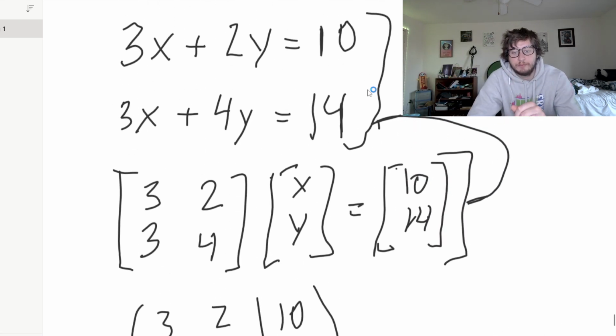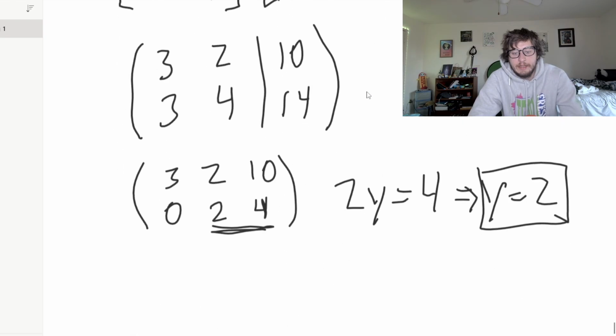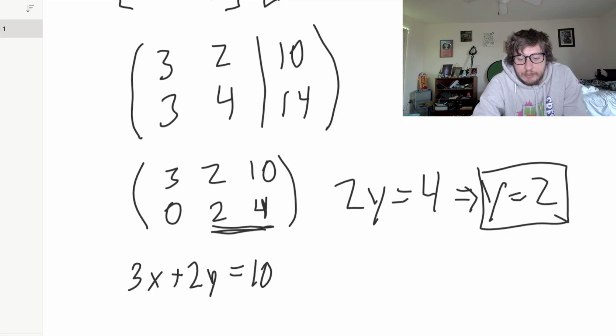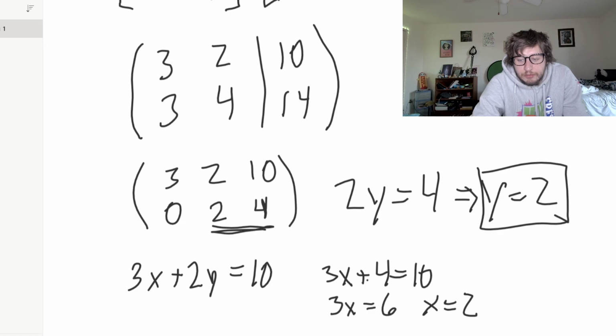Because we know that 3x plus 2y equals 10. And then if y equals 2, then 3x plus 4 equals 10. 3x equals 6, and x equals 2.